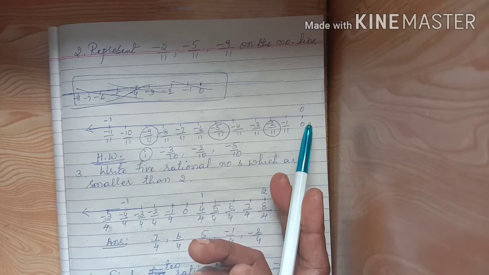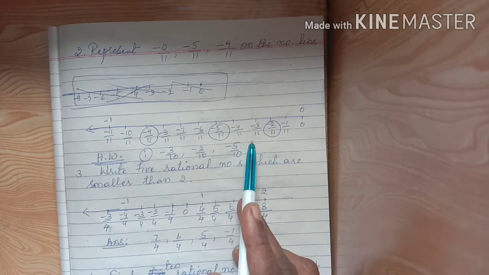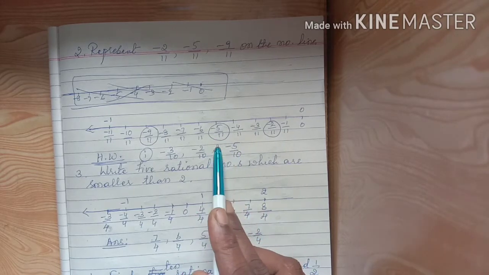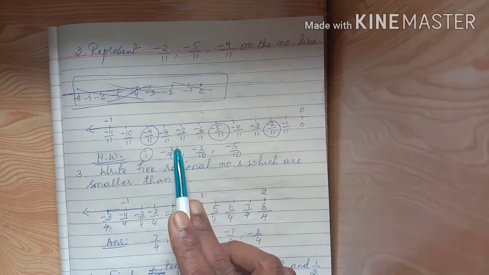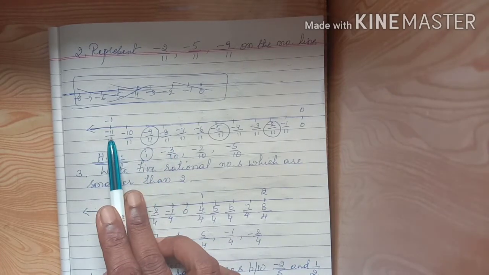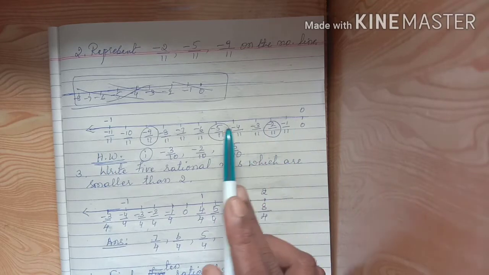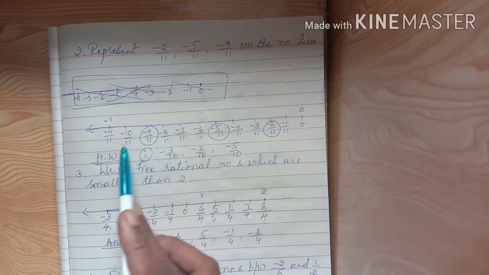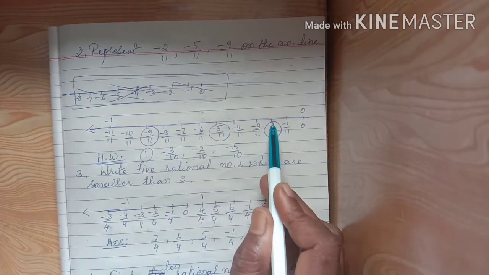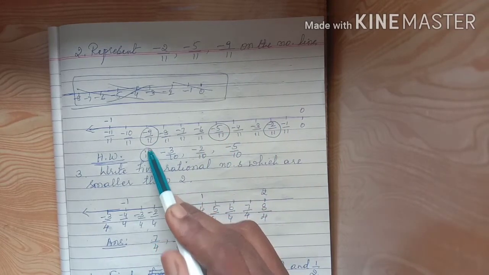So here 0, minus 1 by 11, minus 2 by 11, minus 3 by 11, minus 4 by 11, minus 5 by 11, minus 6 by 11, minus 7 by 11, minus 8 by 11, minus 9 by 11, minus 10 by 11, minus 11 by 11. This is minus 1. So here you can see the numbers we have located: minus 2 by 11, minus 5 by 11, minus 9 by 11, children.